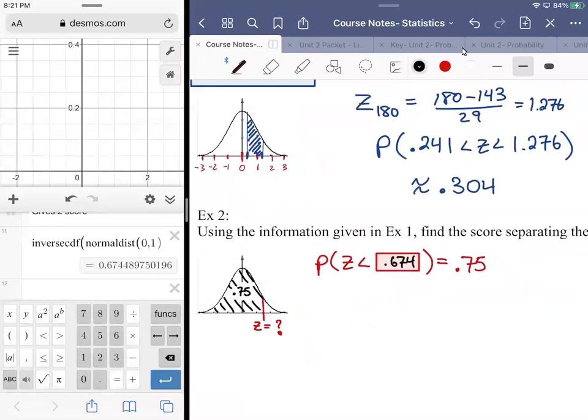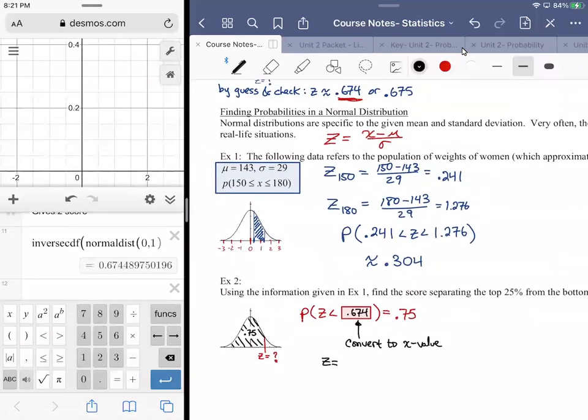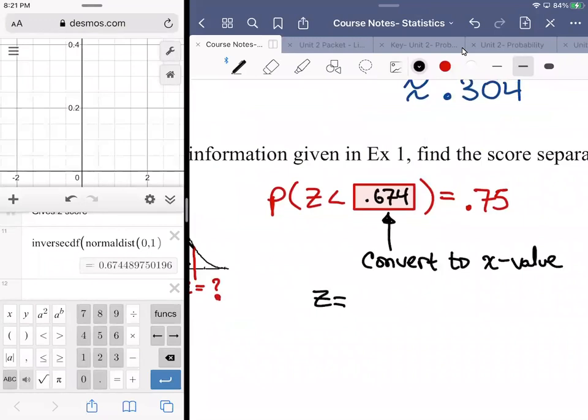But what I want to do is convert this to an x value. All right. Now, there's a couple of ways to handle this. One way would be to take my z-score formula. And, you know, we have it written down here, x minus mu over sigma, x minus x bar over s, value minus mean divided by standard deviation, essentially.